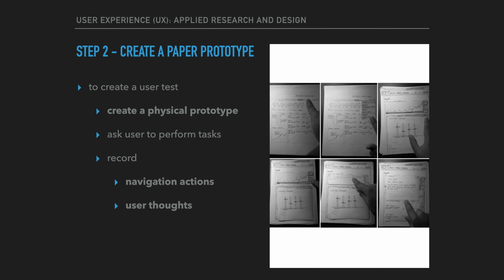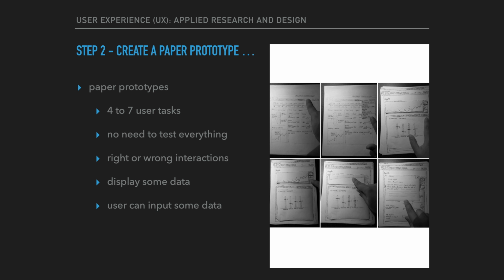The paper prototype needs to be printed out from the digital prototyping tool, drawing program, or simply created from hand-drawn sketches. A good number of tasks that a paper prototype can be expected to cover is anywhere from 4 to 7 user tasks. Not every aspect of the system needs to be tested or can be tested in the time available.